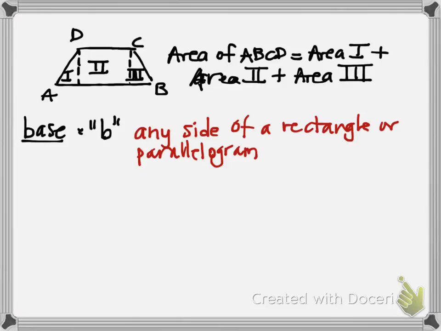But again, the base is only a base if it has a second component to it. Okay, so we'll get into that. Next is that second component, and that's called an altitude. And we've talked about altitudes before. So here's the key for us now.